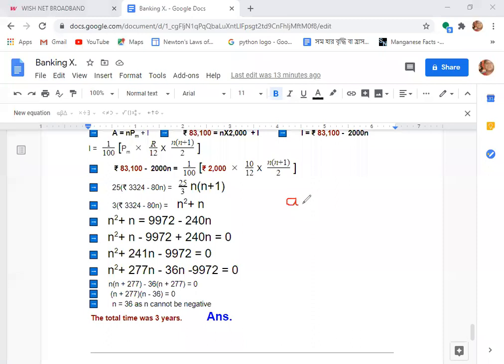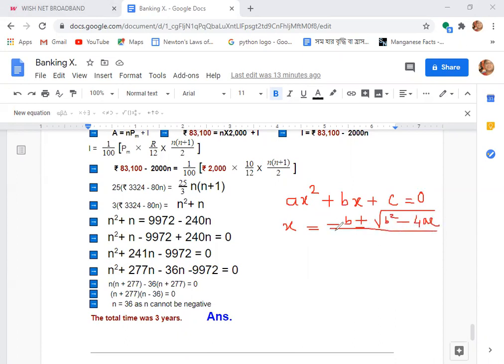Sridharacharya's formula is: if ax square plus bx plus c equals 0 is a standard quadratic equation, then we can easily get the value of x as minus b plus minus root over b square minus 4ac, by 2a.